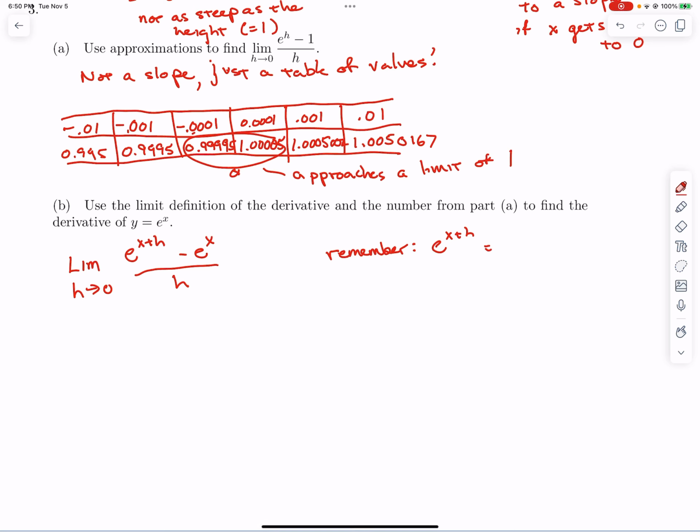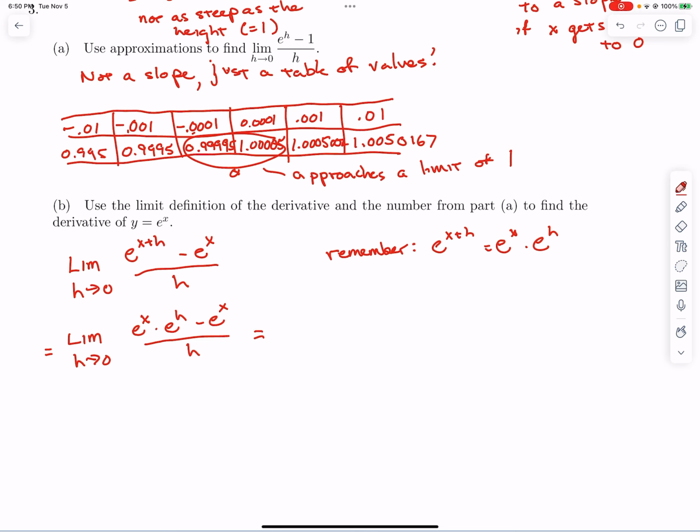Remember, adding in the exponent is really multiplication in the real world. So what we have is a common factor in the numerator of e to the x.